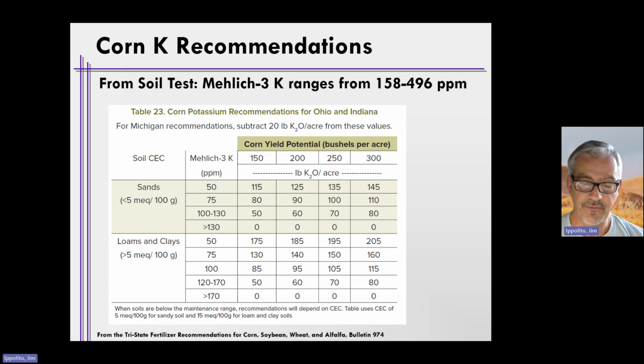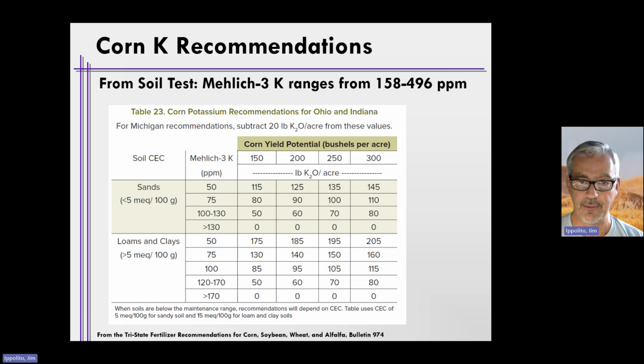Clays and loams, the fine textured soils, require more potassium. Why? Because there are more exchange sites for potassium to be sorbed to, and there's likely less of the ability of potassium to be removed from all of these exchange sites, i.e. the buffer of potassium in the soil, for the plant to see the potassium.